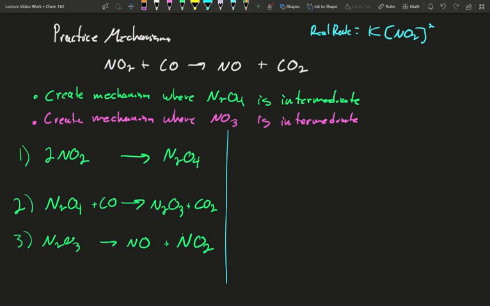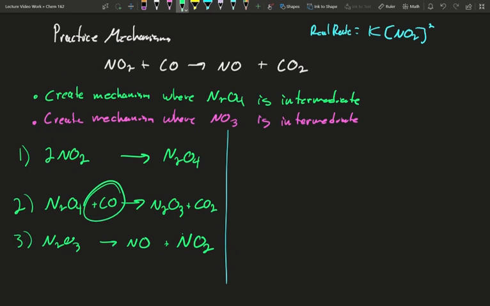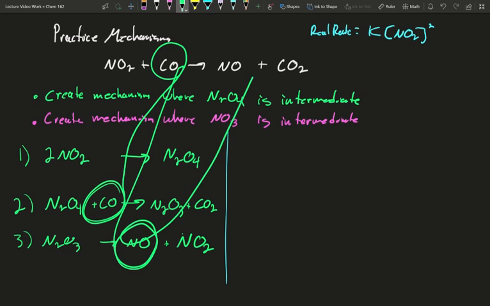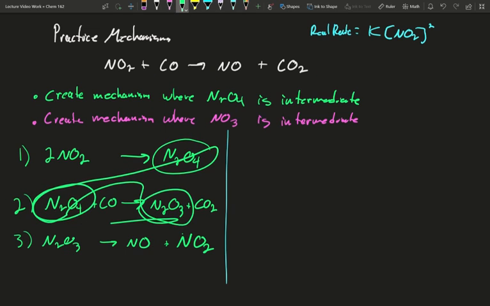So if we think about the Hess Law for this, if I add these up, it does add up to my balanced reaction. I put 2 NO2s in, 1 comes out, so I net only 1 NO2 going in. 1 CO went in on the left, 1 NO came out on the right, 1 CO2 came out on the right. My N2O4 was canceled, my N2O3 was canceled.